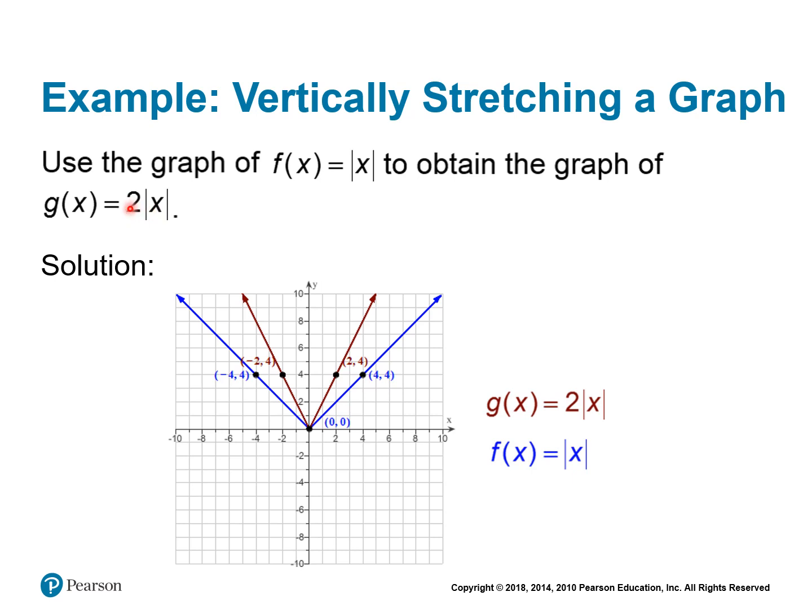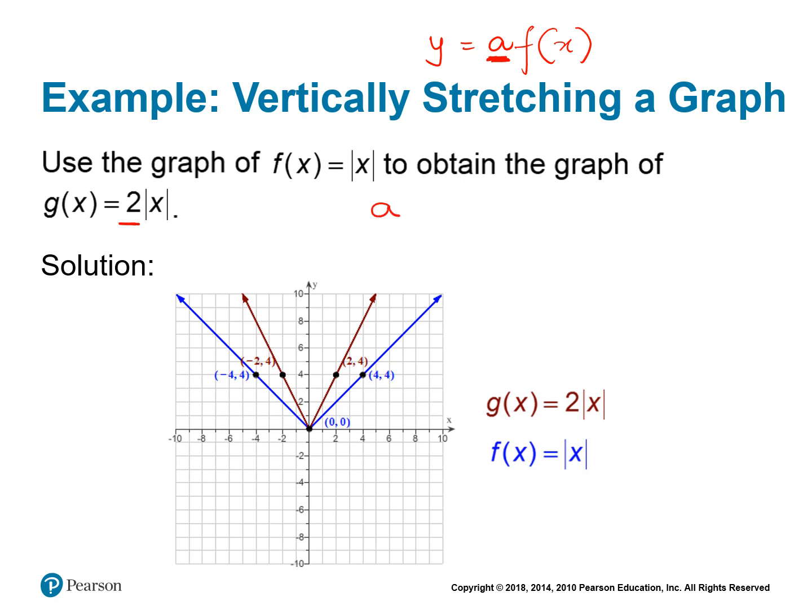That represents a. So for vertical stretching, the form is y equals a times f of x. In this example, a is 2, and 2 is a value greater than 1.